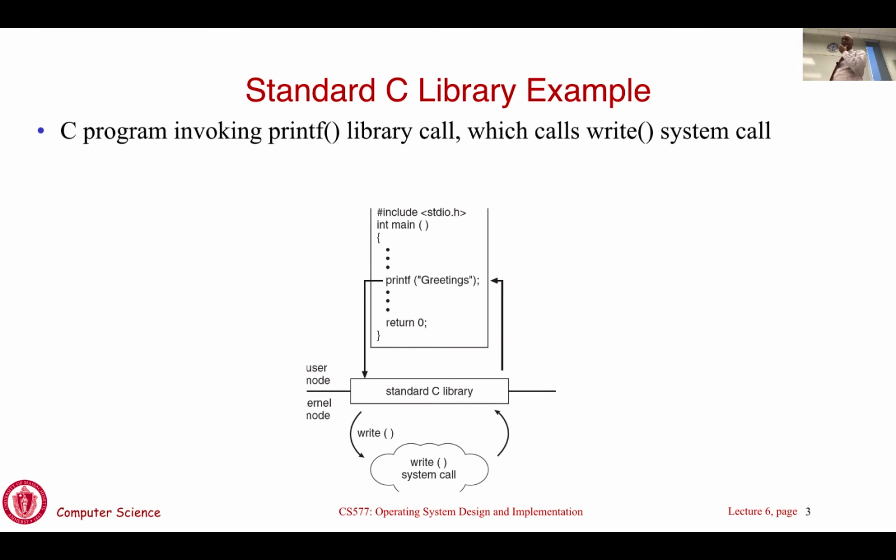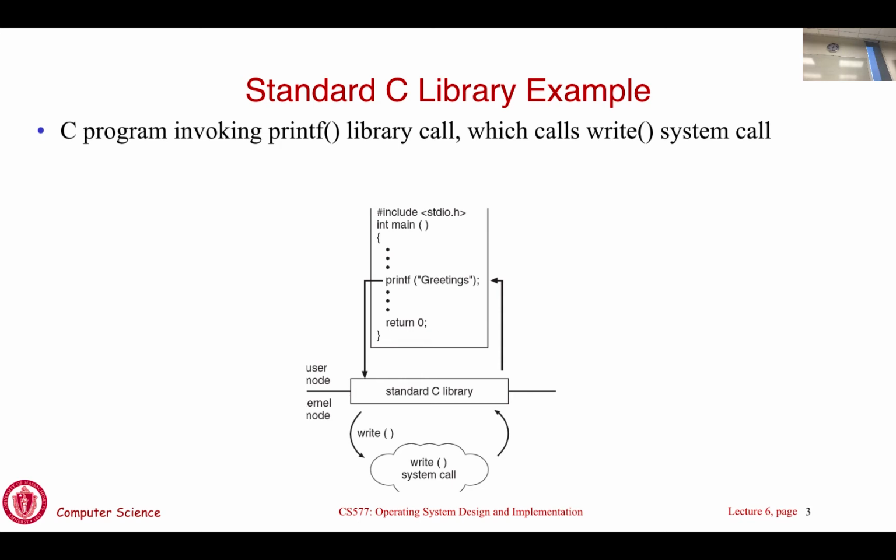Right. So here is the picture of what I spoke about. At the top you have a user program. It's written in C, so you understand how things work. It's basically calling printf. It's essentially supposed to print a string on the terminal. So when you call printf, you essentially go to the standard C library.